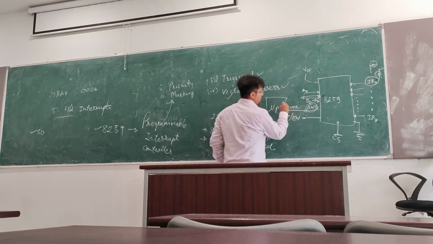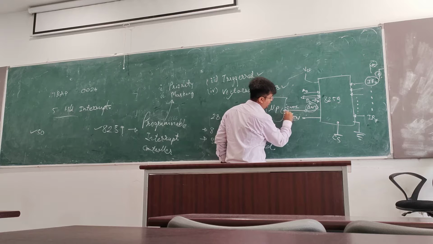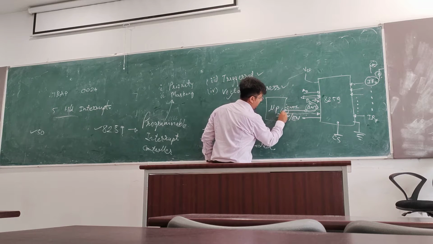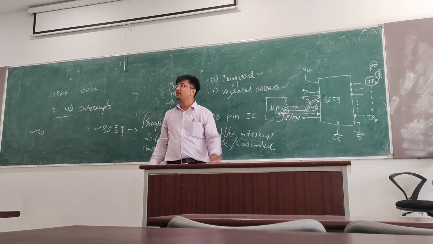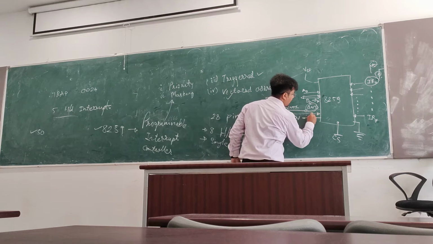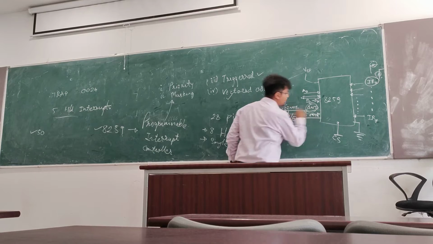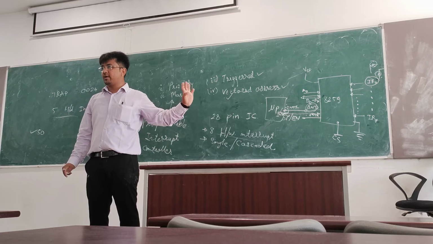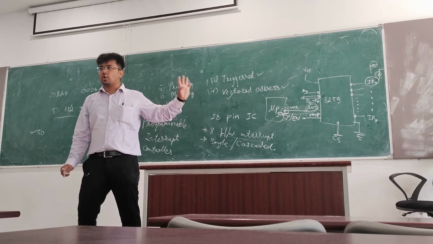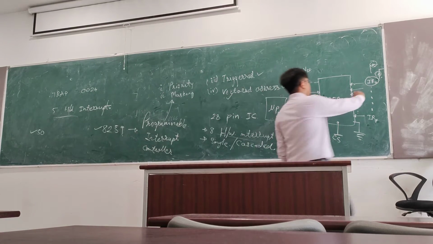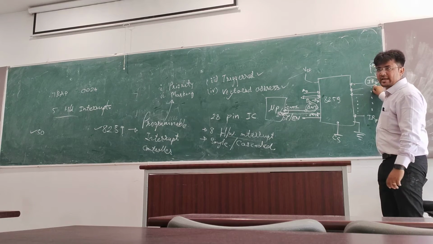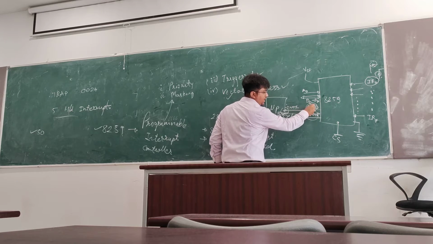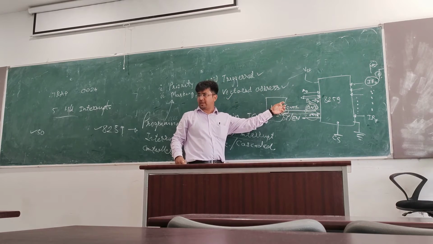There is a pin which is the interrupt request acknowledgement, INTA bar. This INTA bar will be connected. Is it okay? So what will it do? If there is an interrupt IR3, that interrupt will move to INT. INT will give an interrupt request.